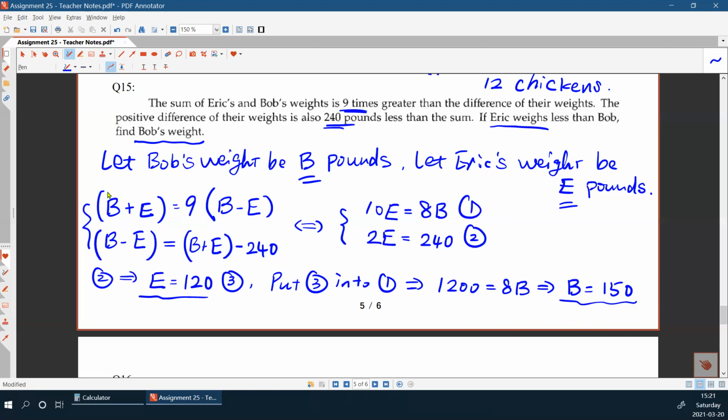And let's look back to the question. The question is find Bob's weight. So that means we need to answer what is B, right? So the conclusion here is Bob's weight is 150 pounds.